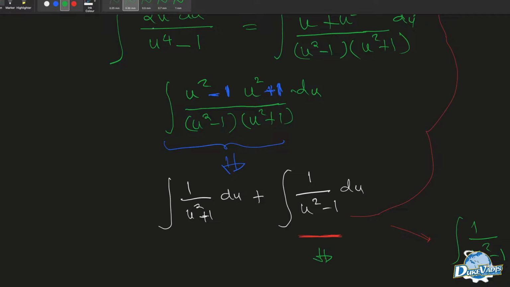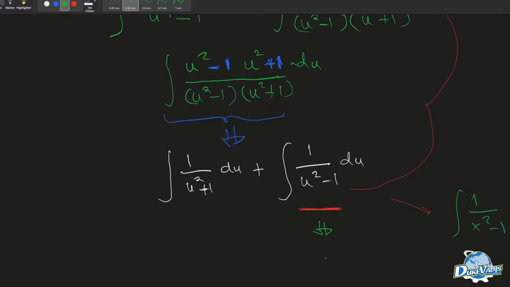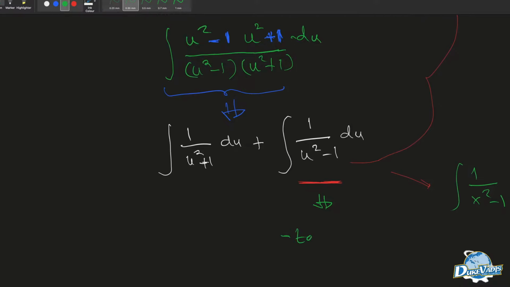So when we integrate the whole expression, we are going to get minus tanh inverse of x plus c. Instead of x over here, it becomes u. So it becomes tanh inverse of u, plus c.